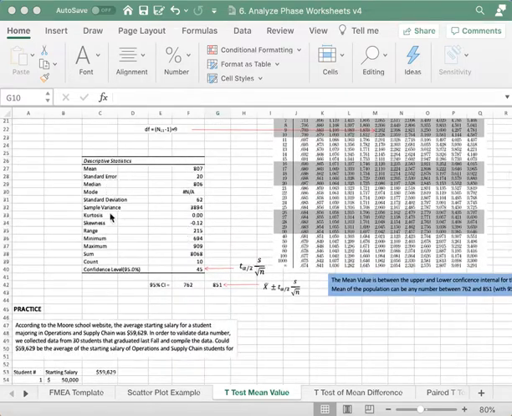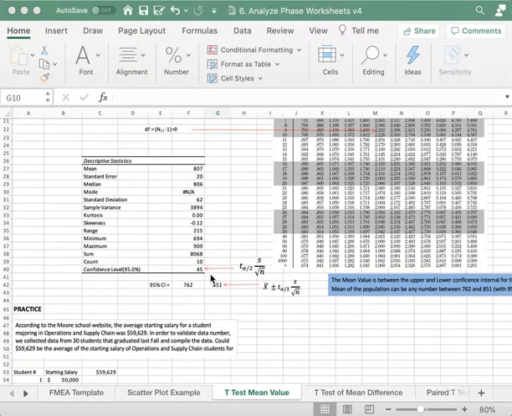Another way to do the same thing is to run the descriptive statistics and look at the confidence interval. Remember we did that in Measure? We looked at the confidence interval. You can take a look at the confidence interval and see: is 800 in the middle here, or is it outside?